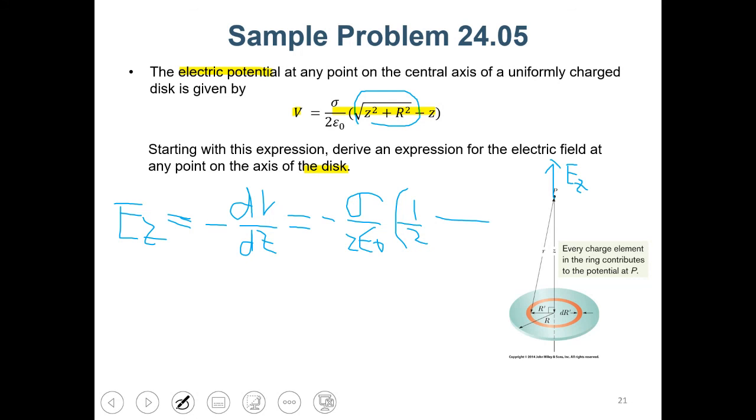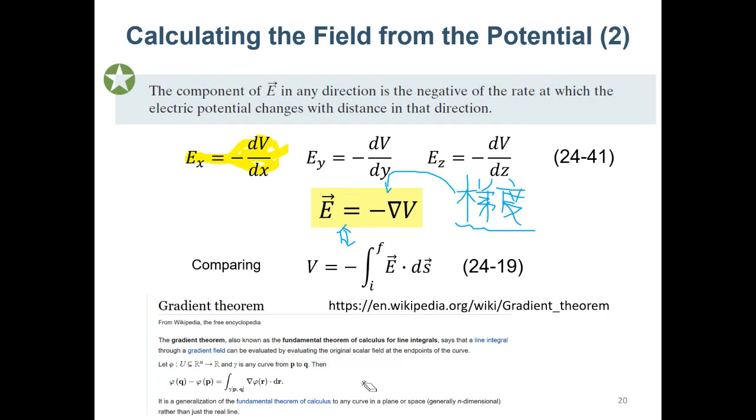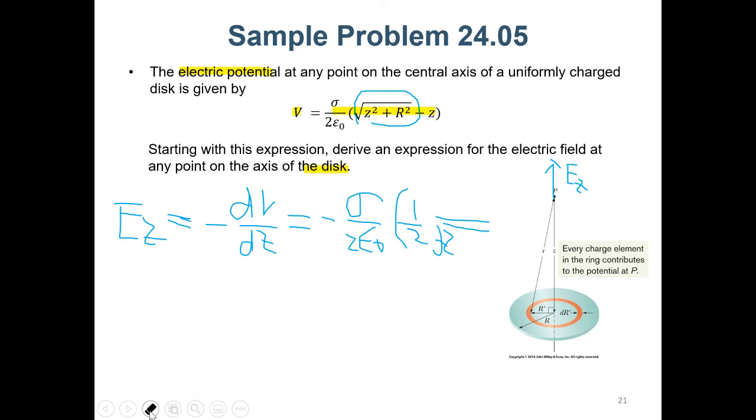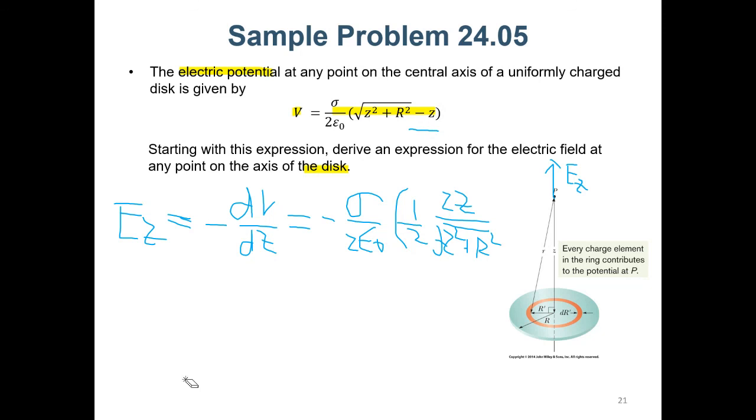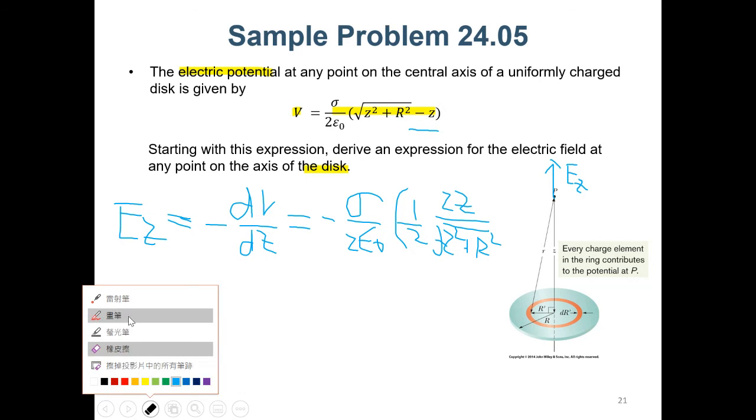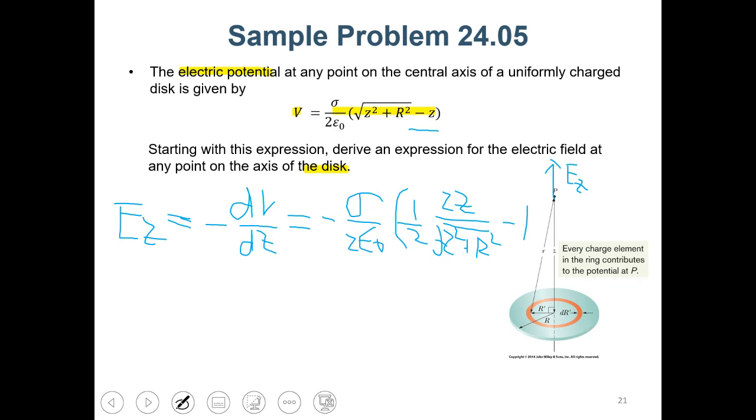So it will become 1/2 over the square root of z squared plus r squared, and then you take the chain rule, which gives 2z, and minus z becomes negative 1. So negative 1.